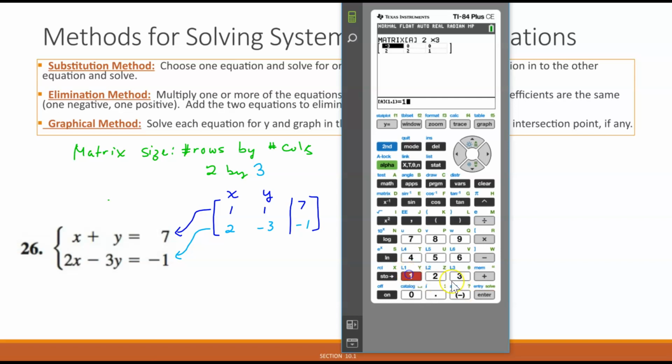Row 1 coefficients are 1, 1, 7. Row 2 coefficients are 2, -3, and -1. Okay, we're going to hit second and quit. Second and quit takes us back to the home screen.